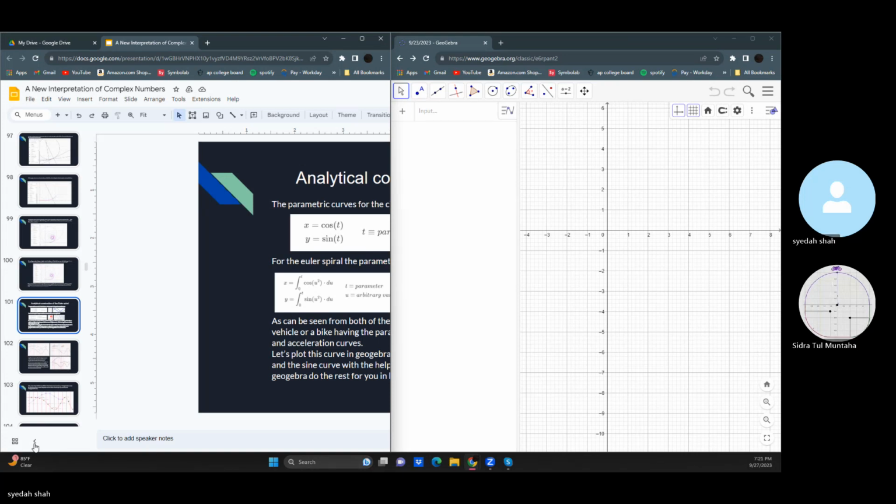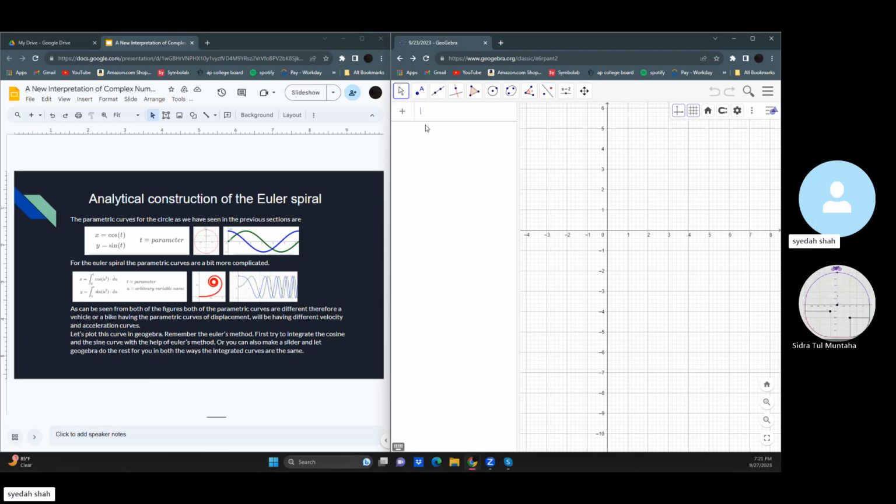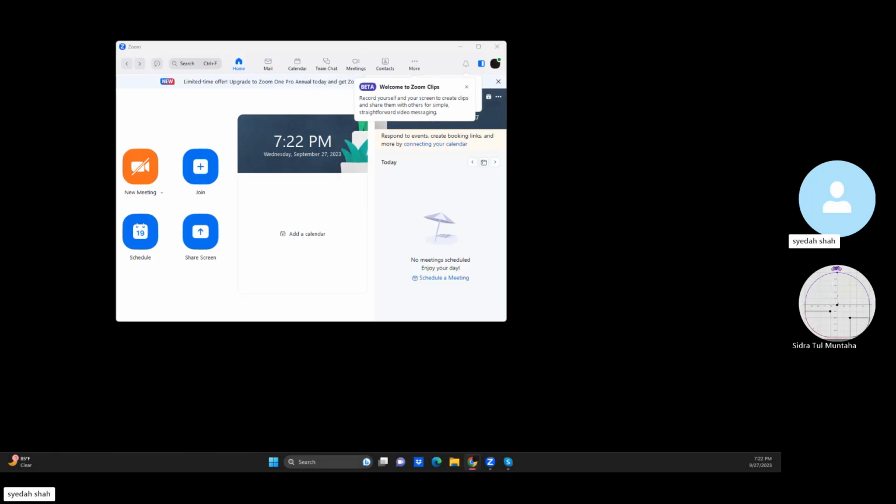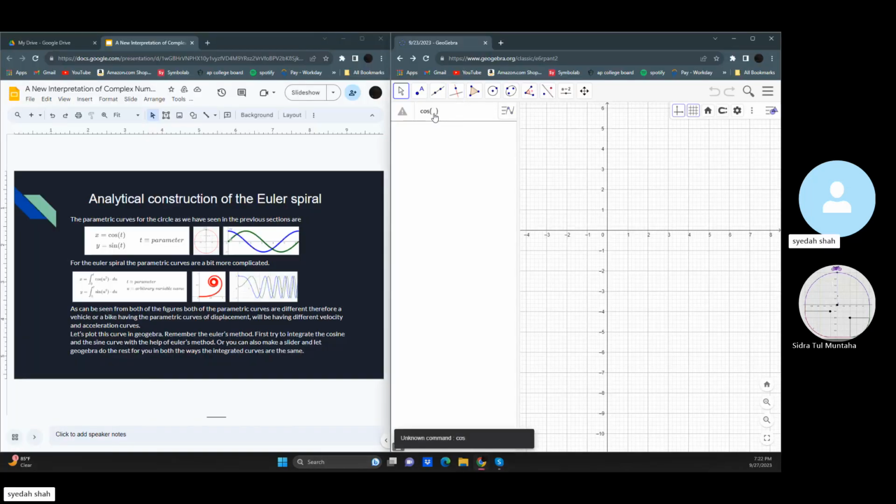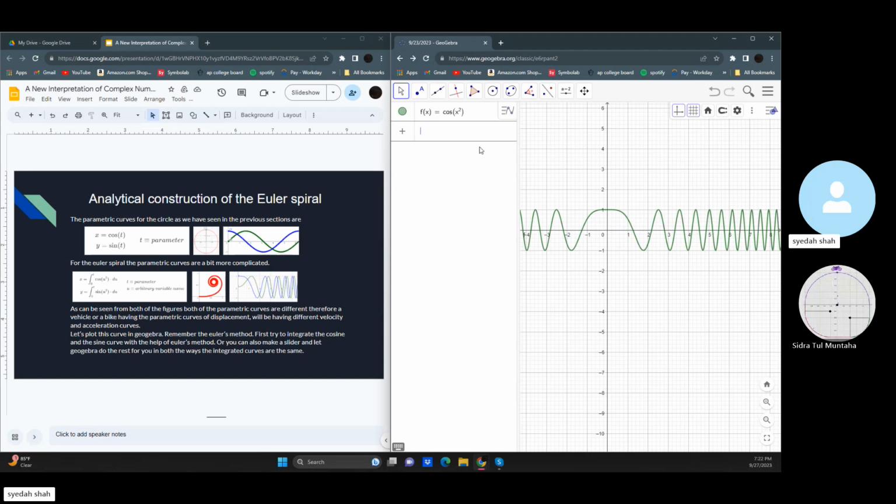So I do the cosine and sine graphs. X is X, okay.